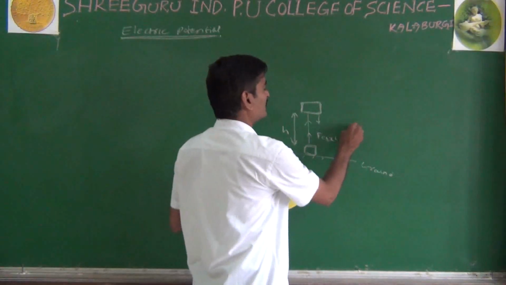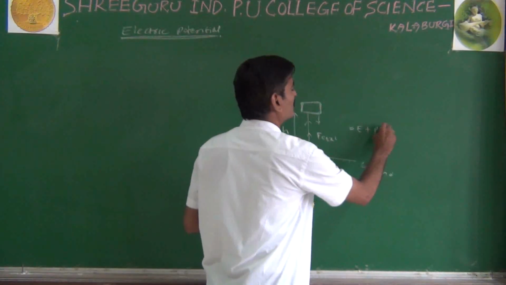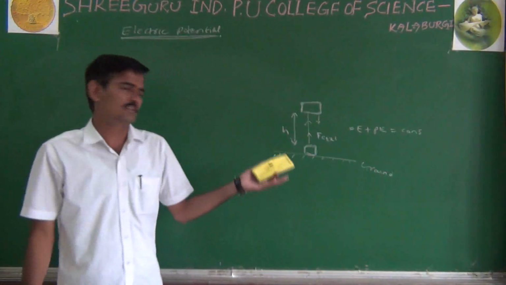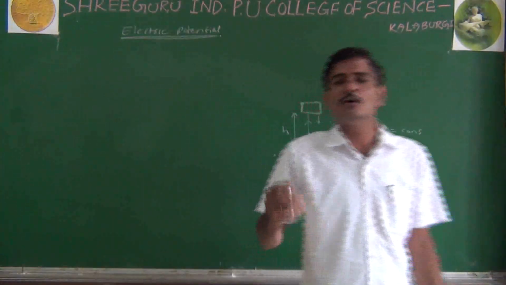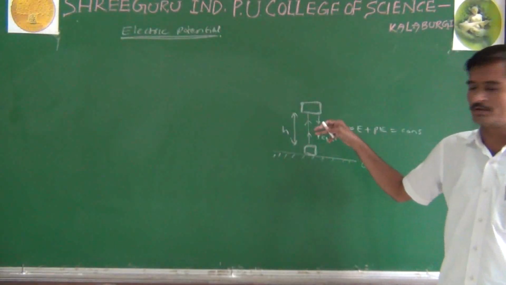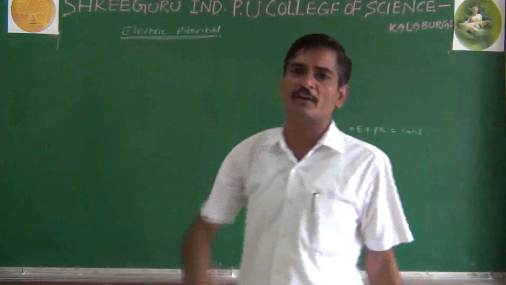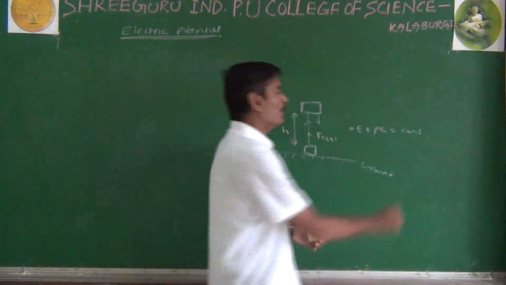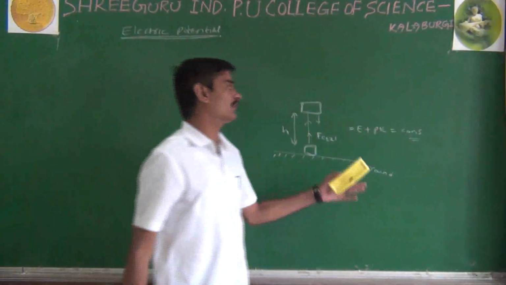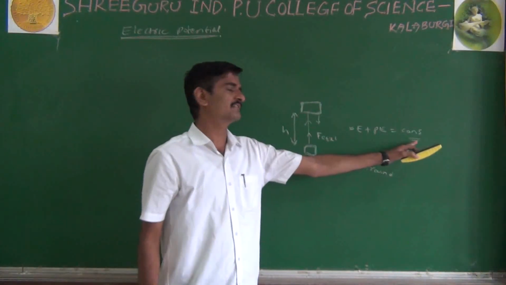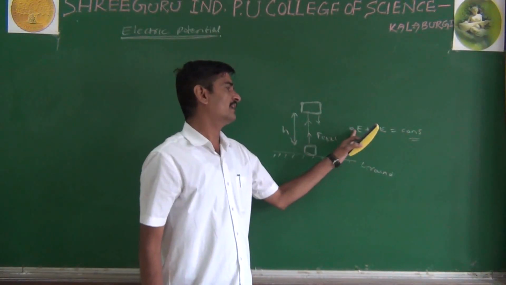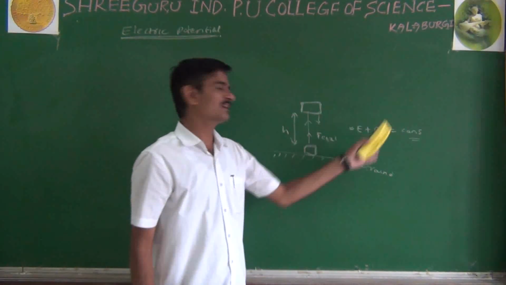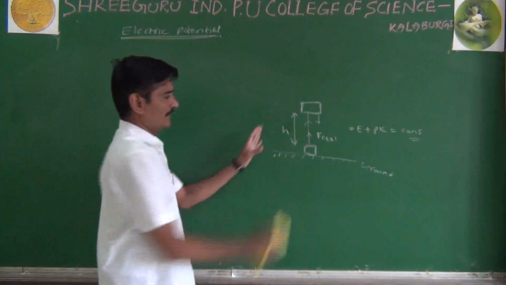The sum of kinetic energy and potential energy remains constant, that is, total energy is conserved. We studied in the first year that the total energy of a freely falling body is constant. Potential energy is converted into kinetic energy, or vice versa.